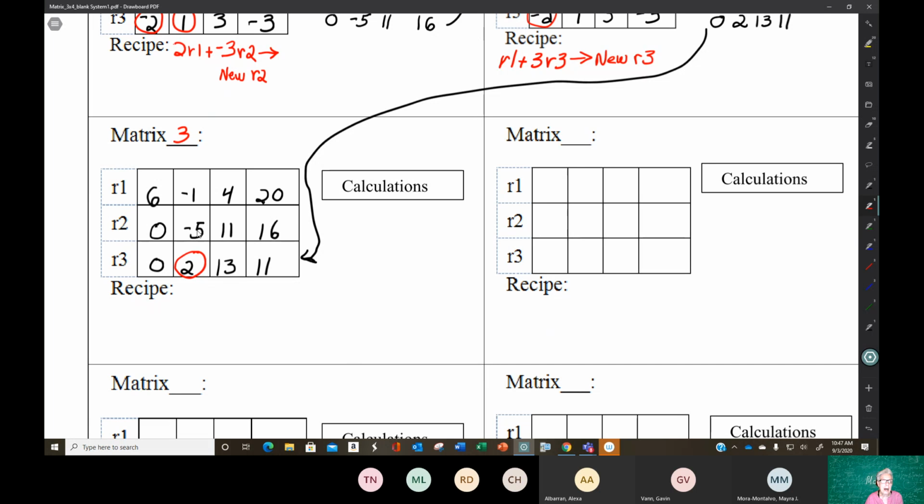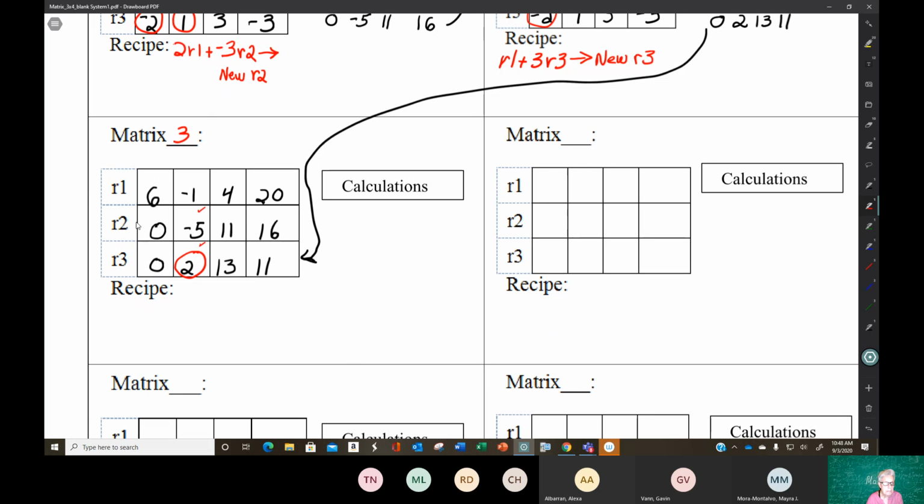Okay, so I now need to add 0 plus 0, that's 0. But I need a 0 in this position now, which means I have to add this position and this position together in such a way that I get a 0. And I know that 2 and 5 both go evenly into 10.